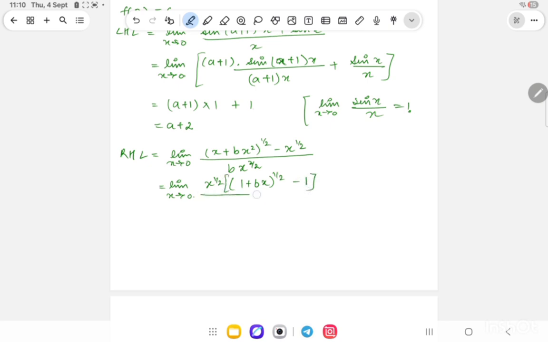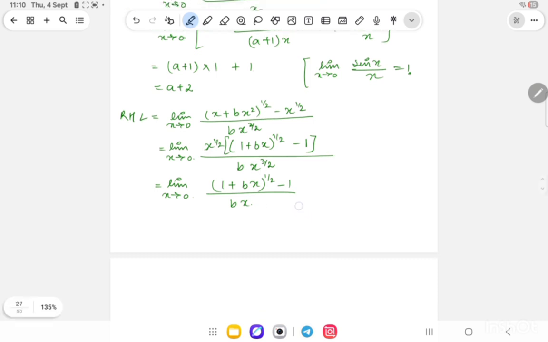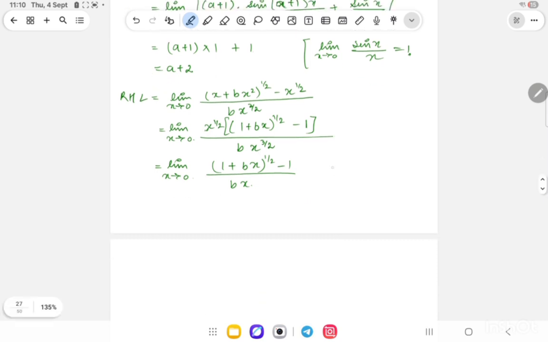I have taken x raised to 1 by 2 out, so I am left with b x raised to 3 by 2. So this is equal to the limit of ((1 plus b x) raised to 1 by 2 minus 1) upon b x. I have balanced this x raised to 1 by 2, so I am left with this. If I put the value of the limit here, I get the 0 upon 0 form, so I have to use L'Hopital's rule here.